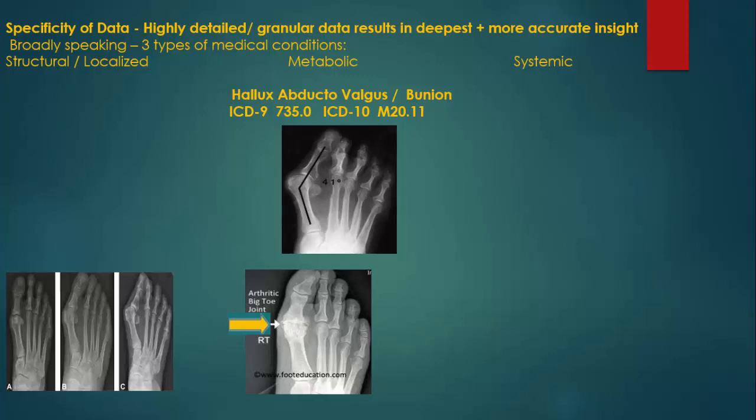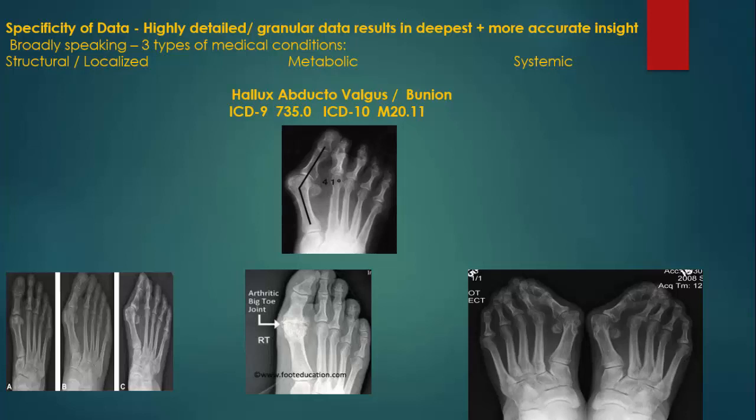We even see some fuzziness almost, or what we call sclerosis, to the area that's next to the second metatarsal phalangeal joint. That's indicating that there's not only arthritis, but there's some additional new bony growth around that area. All of these things are indicative of an arthritic great toe joint.